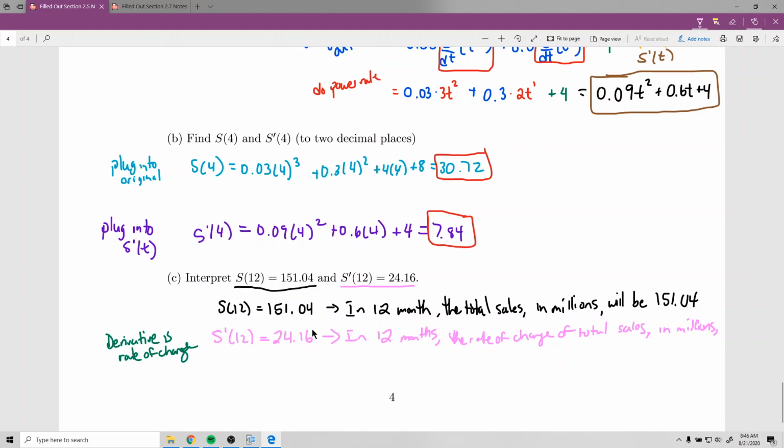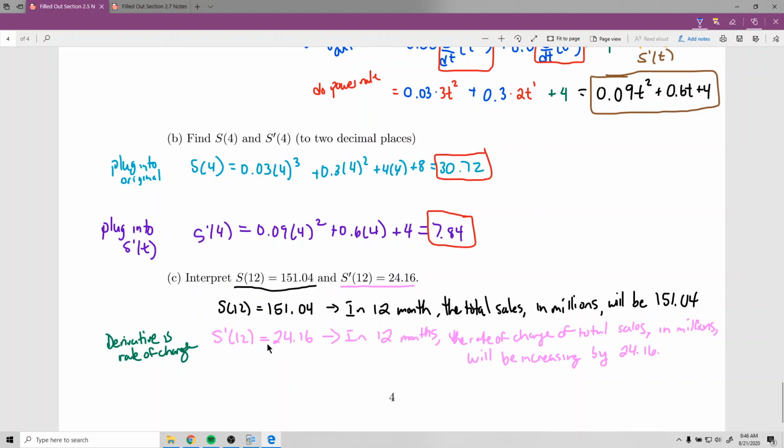And the other thing you want to make sure you do is, since this number is positive, we want to say it's increasing. Will be increasing by 24.16. If it was negative, if we had a negative number here, it would be decreasing.